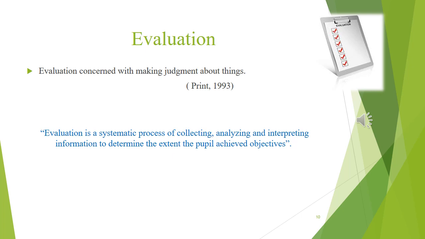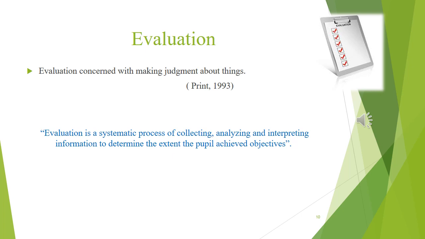According to Print, evaluation in schools is concerned with two major approaches to making judgments. First is product evaluation and the second is process evaluation. Product evaluation is an evaluation of student performance in a specific learning context, while process evaluation examines the experiences and activities.